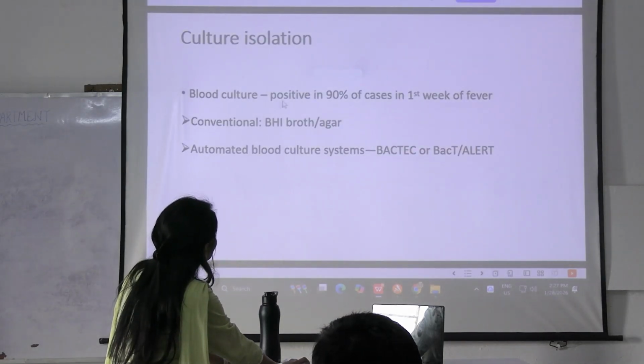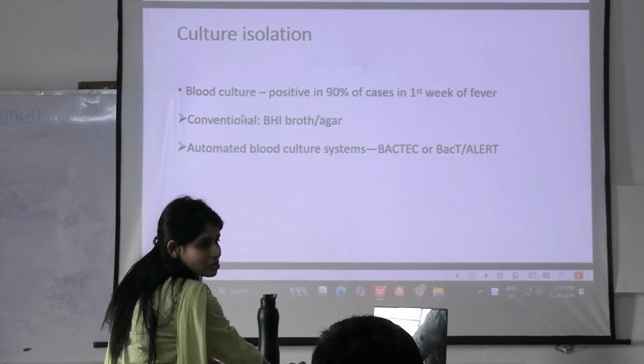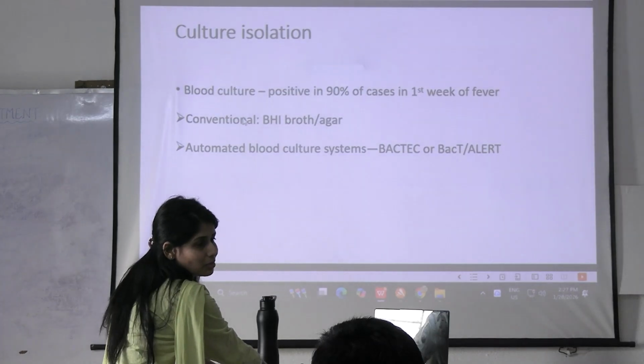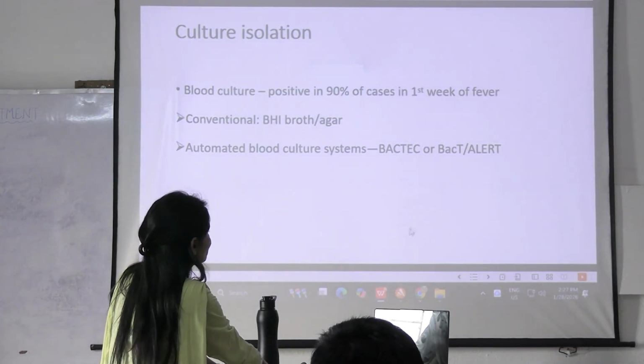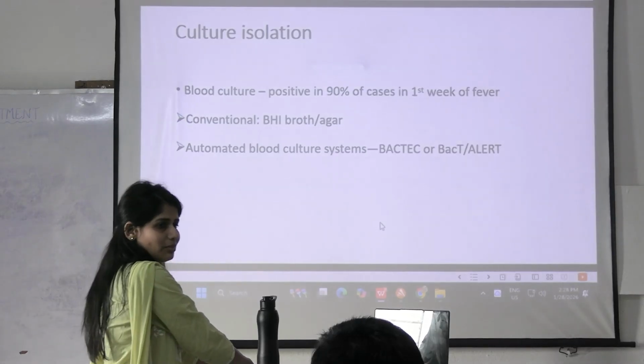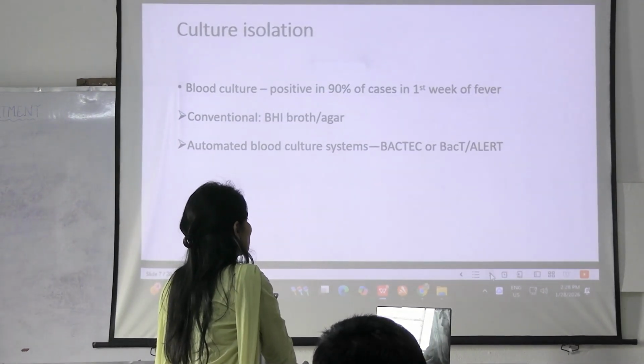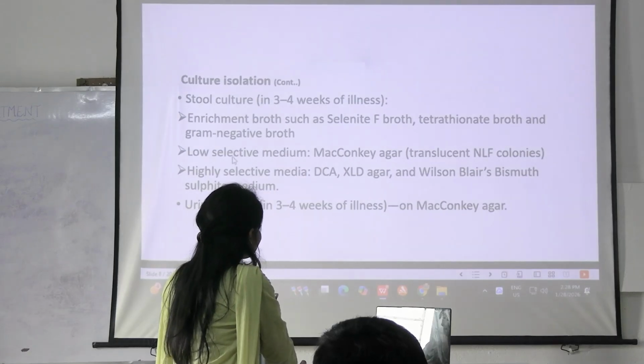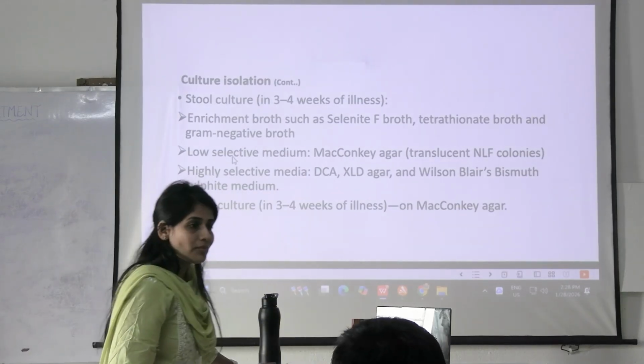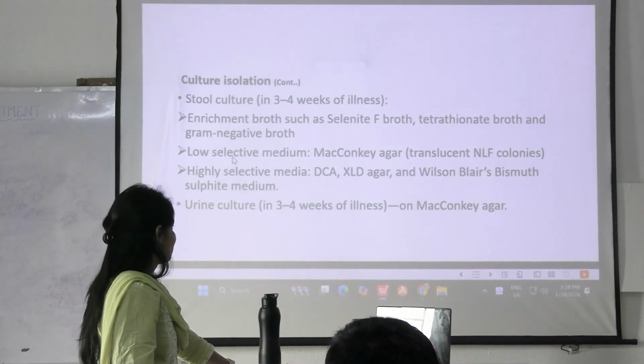What will you do? Blood culture on BHI broth. What is BHI broth? Brain heart infusion broth. Okay, or else you can do automated blood culture. For automated blood culture systems you can use BACTEC or BacT. Then stool culture.